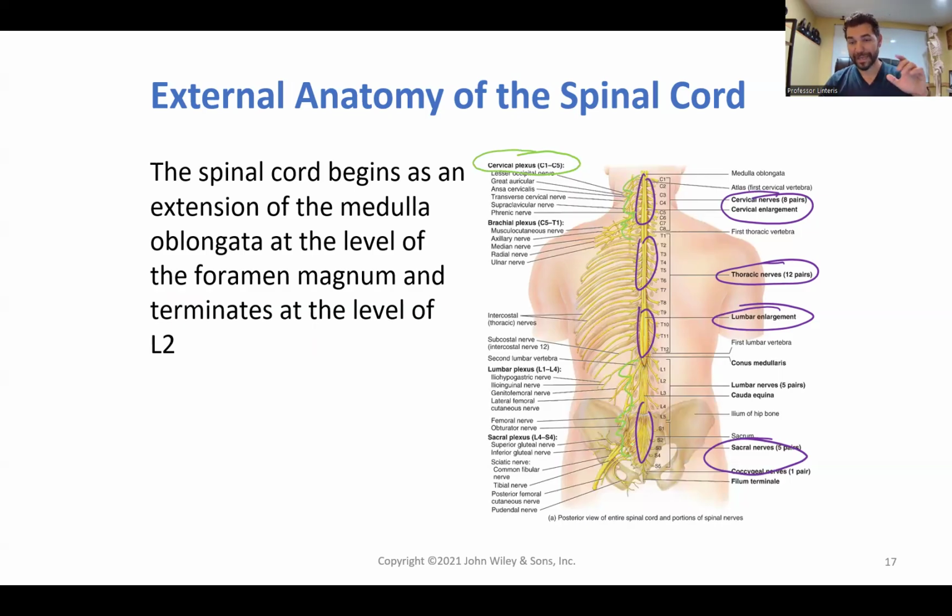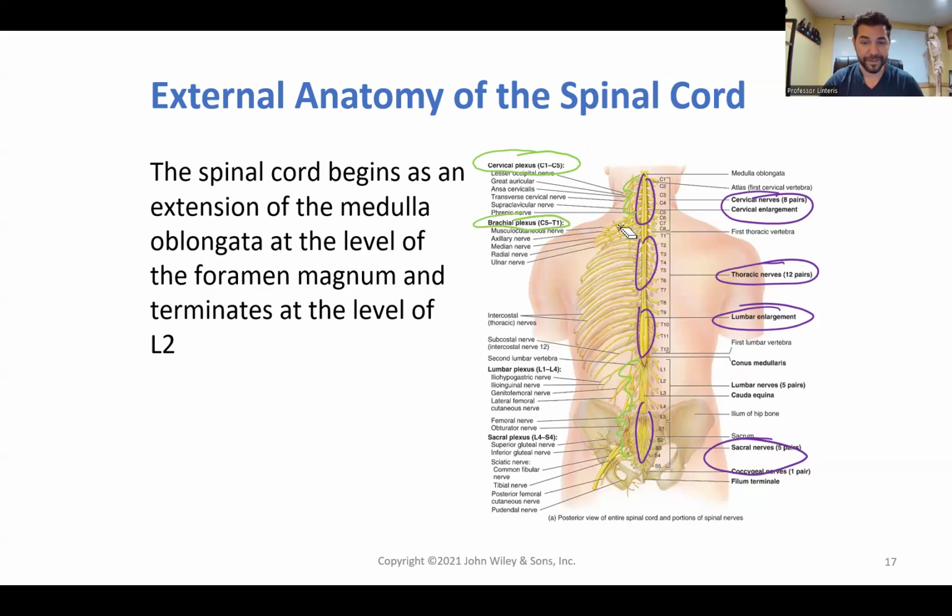So the cervical plexus is a group of spinal nerves that branches off the cervical region. The brachial plexus is a group of nerves that branches off the cervical and a little thoracic. And that's going to contain these spinal nerves that are going to run down the arm because it's brachial, right? So branching off there, these nerves come down and they're going to run down through your arm.